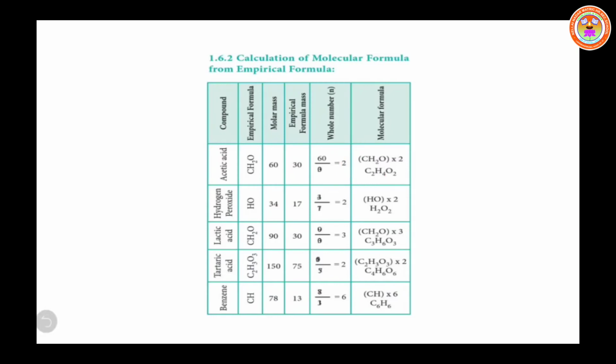Next we can see hydrogen peroxide. The empirical formula of hydrogen peroxide is HO. Its molar mass is 34. Its calculated empirical formula mass is 17. Now we can calculate N value. N is equal to molar mass divided by empirical formula mass.